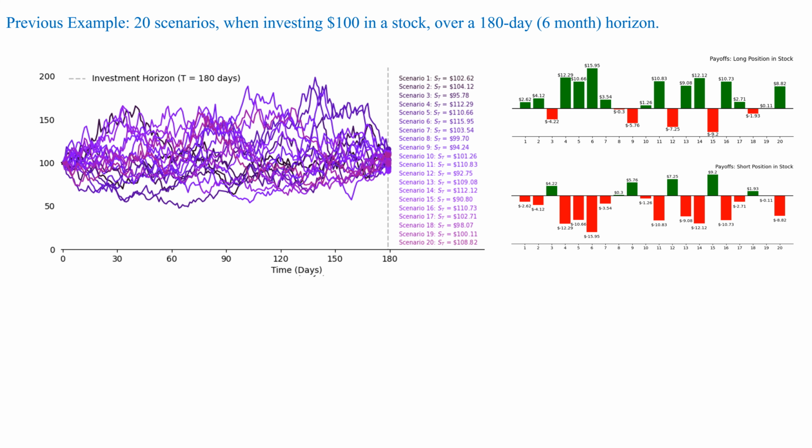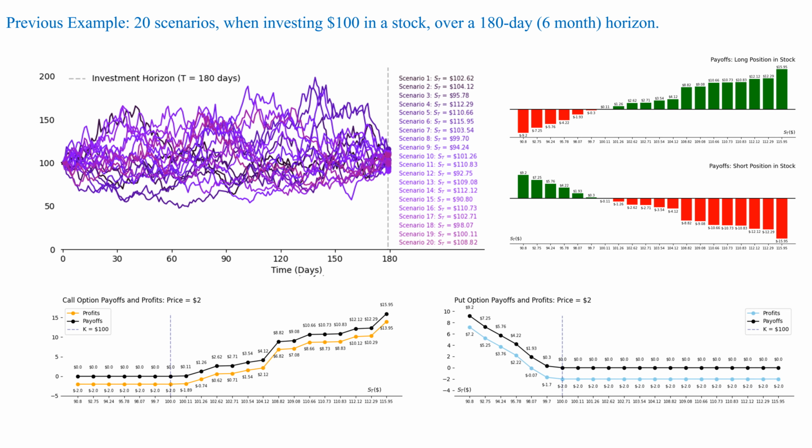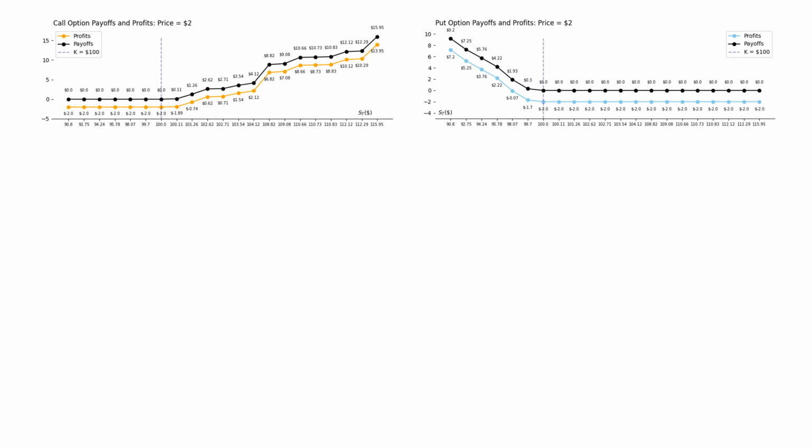We have the payoffs of going long and short in the stock, which are now arranged in ascending order according to the stock price at 180 days, or ST. From there, we considered call options with the price of $2 and a strike price of $100, and put options with the price of $2 and a strike price of $100, and we plotted the profits and payoffs. Now let's closely look at these profits and payoffs of both options.